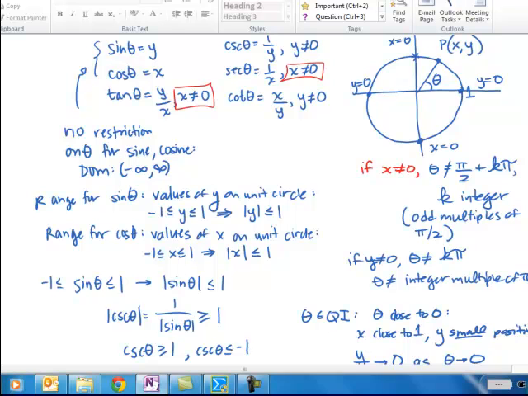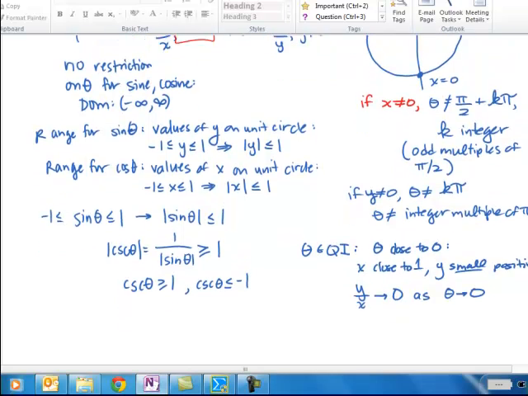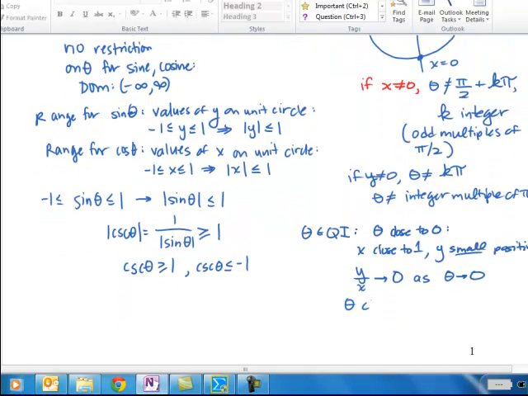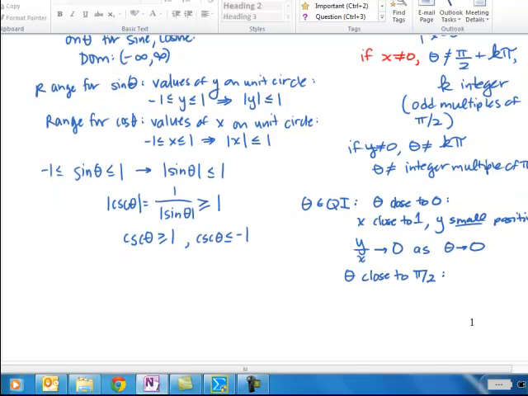But as theta gets closer to pi over 2, then we have y is close to 1, but x is small positive.